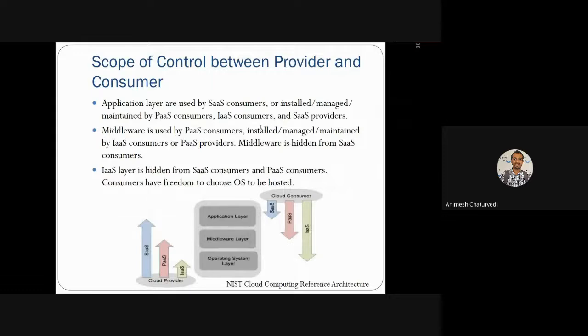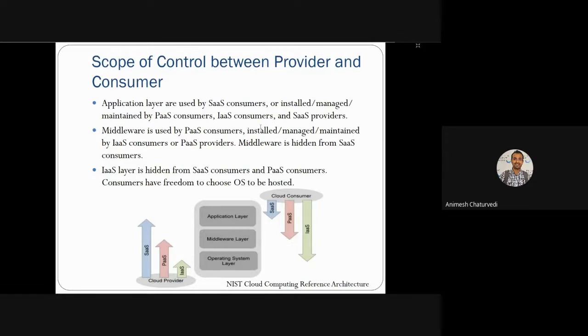Then what are the scopes and control of these providers and consumers that we discussed? There are three different levels of stack that we had studied in computer science. Basic fundamental computers have three stacks: operating system layer, middleware layer, and application layer. So these are the three levels at which these three providers and consumers work.